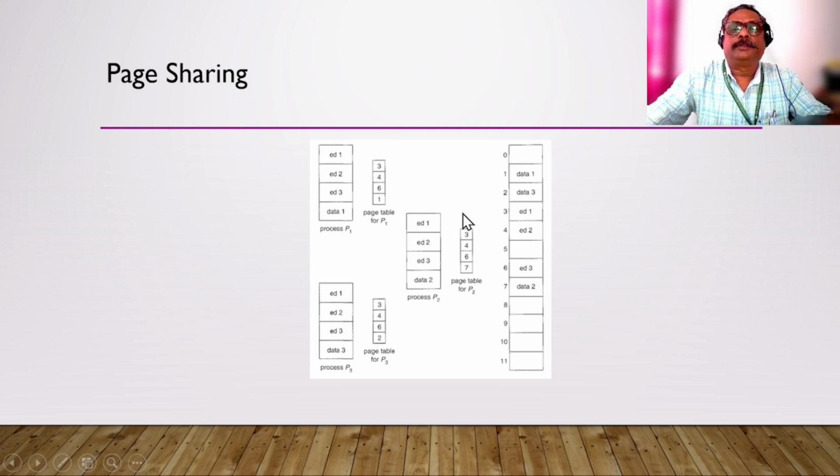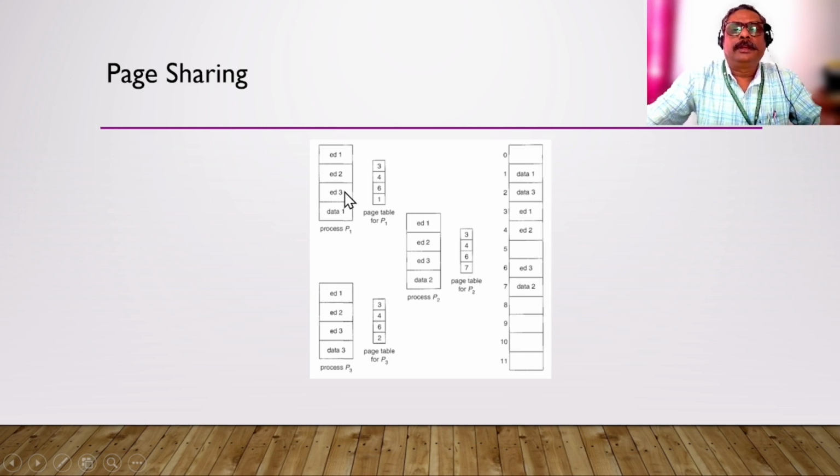And how can we use it? Yes, through the page table. Editor 1 is located at frame 3, editor 2 is in frame 4, editor 3 is in frame 6, data 1 is in frame 1, data 3 is in frame 2, data 2 is in frame 7.